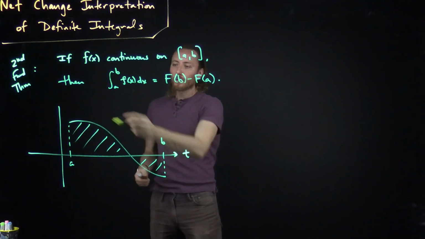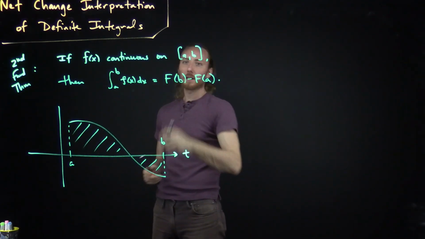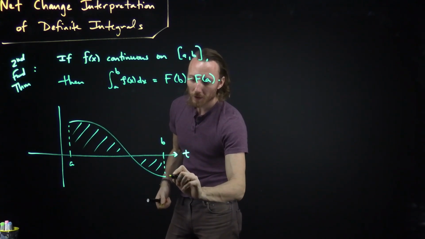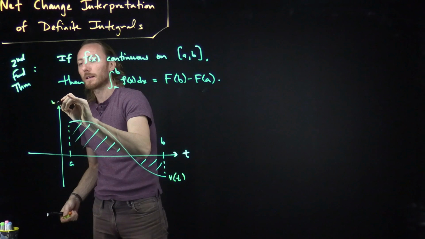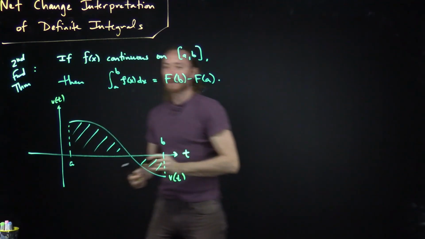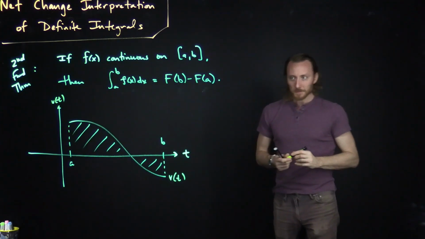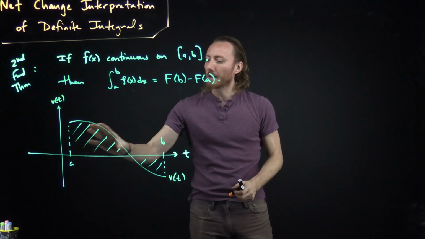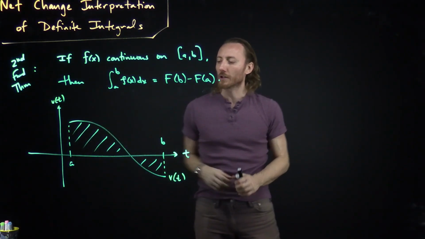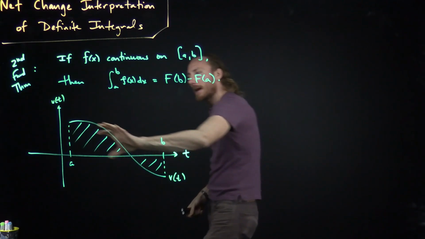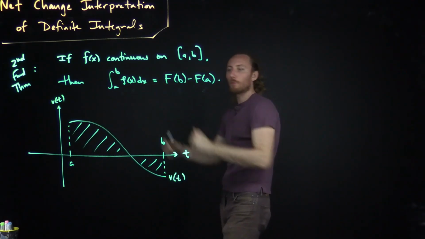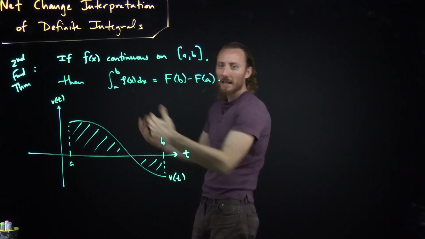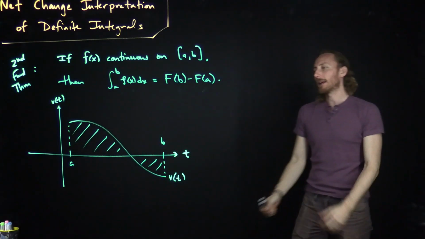And so what if we take within context here, rather than looking at just a generic function f, what if we look at a velocity function? Let's go back to thoughts that we've had previously about a realistic context here. Well, if you were looking at the signed area between this function's graph and the horizontal axis, you would have some amount of positive signed area, which would be like motion in one direction, and some amount of negative signed area, which would be motion back in another direction.